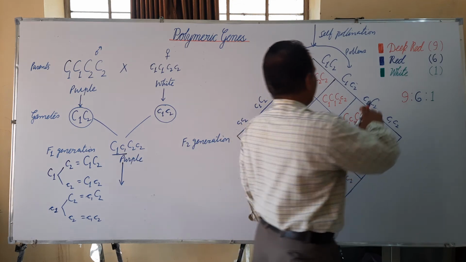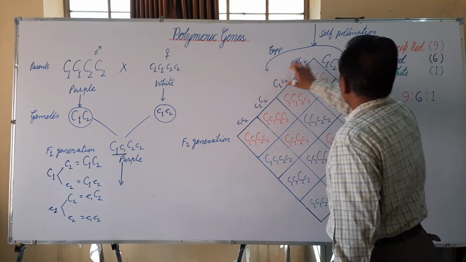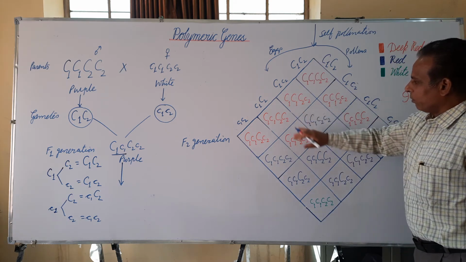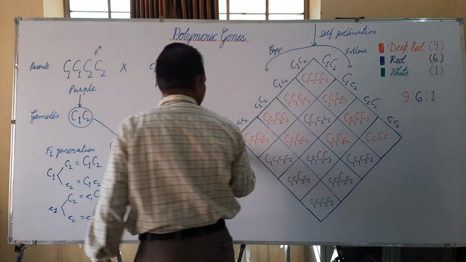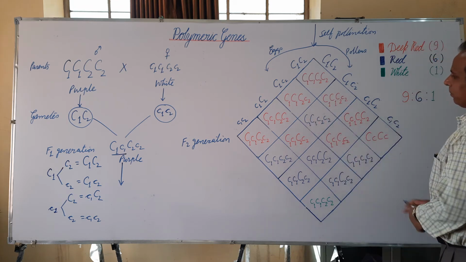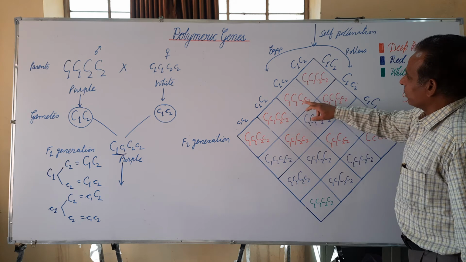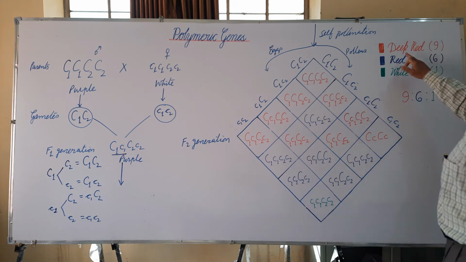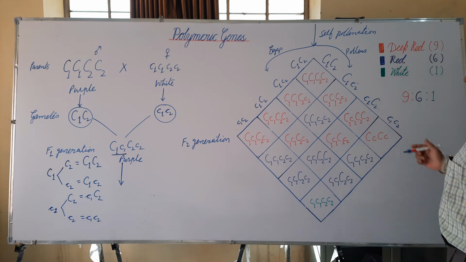The 4 types of male gametes and the 4 types of female gametes fuse randomly to form 16 zygotic combinations in the F2 progeny. Out of these 16 combinations, 9 possess both the dominant genes C1 and C2 and constitute the deep red color of the pericarp.